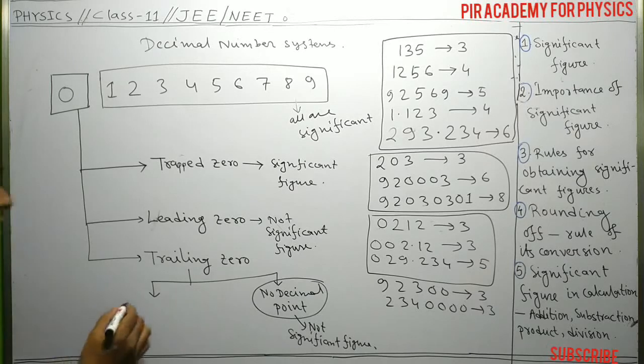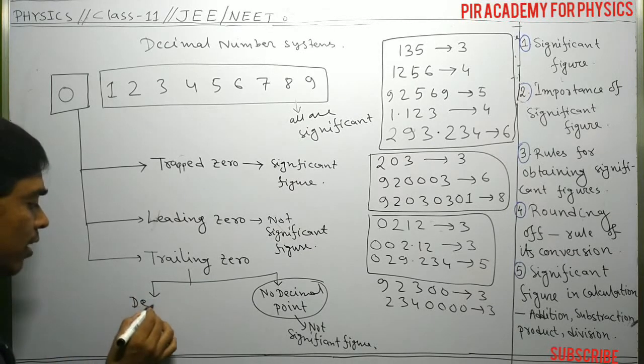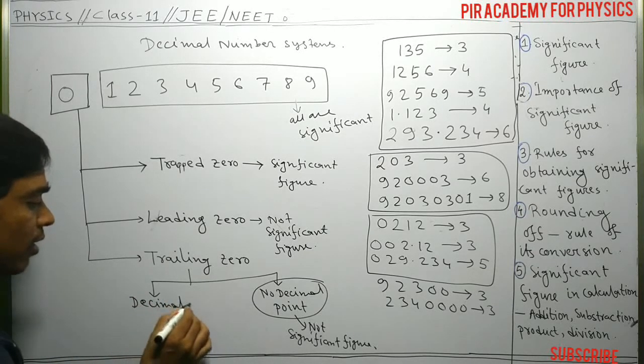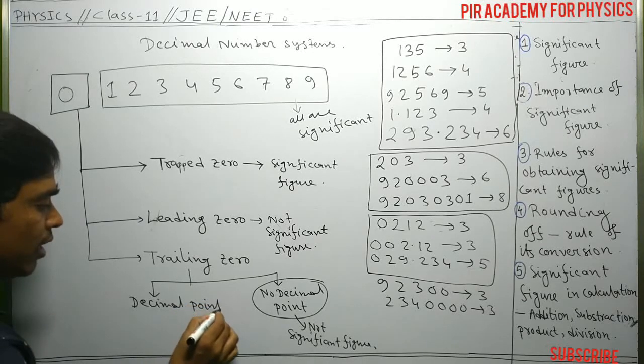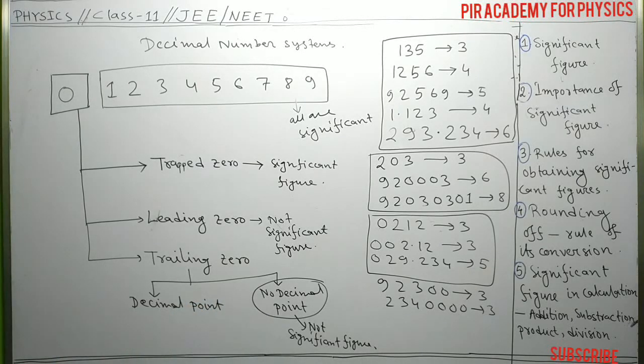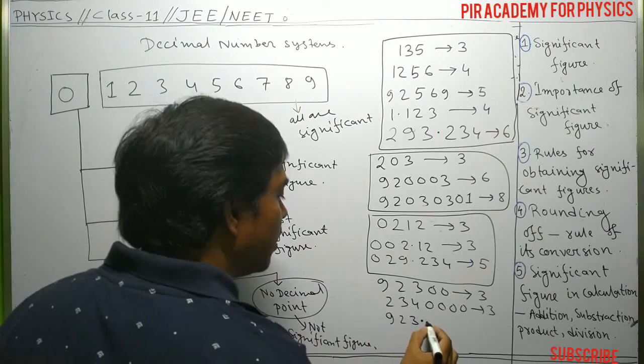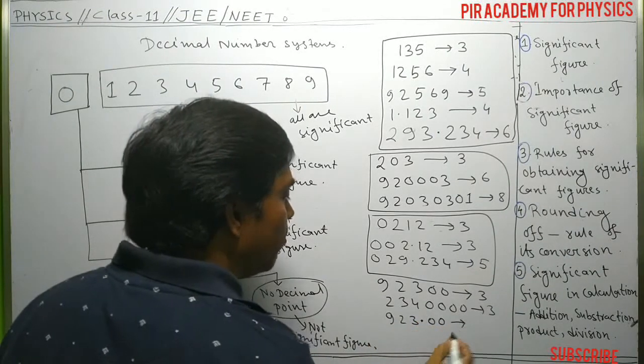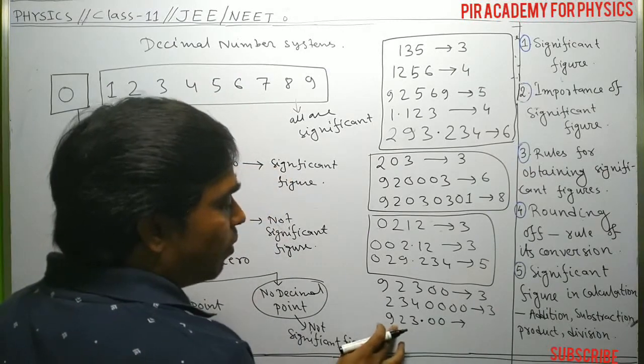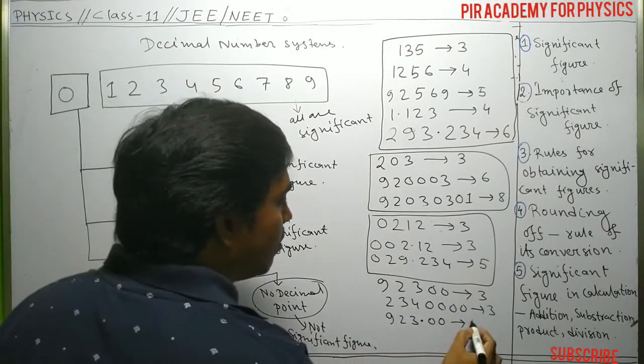If there is a decimal point, suppose 923.00, then the significant figures will be 1, 2, 3, 4, 5. This will be 5.